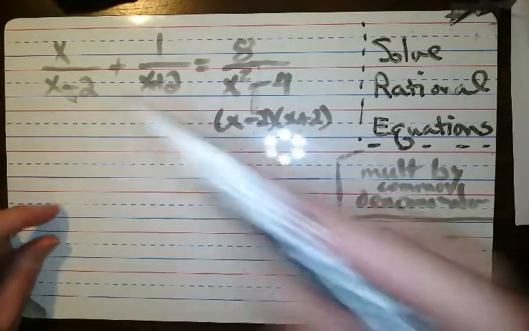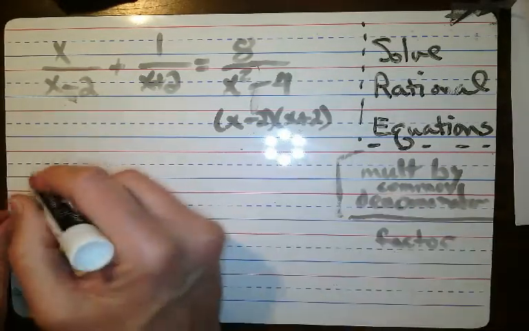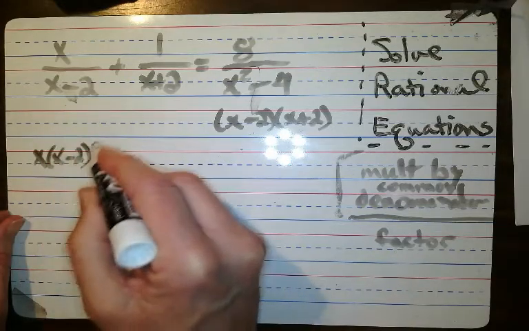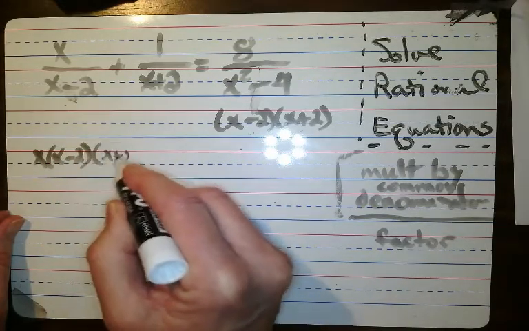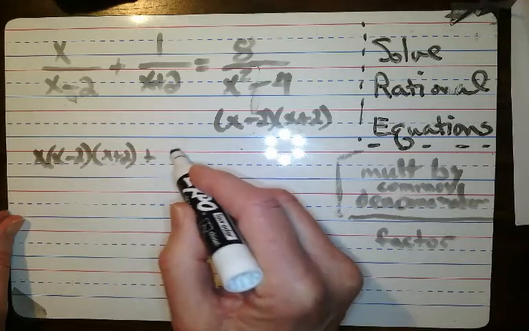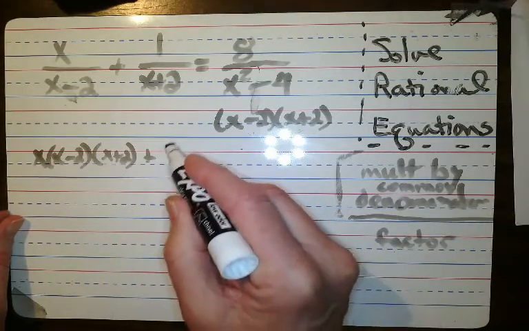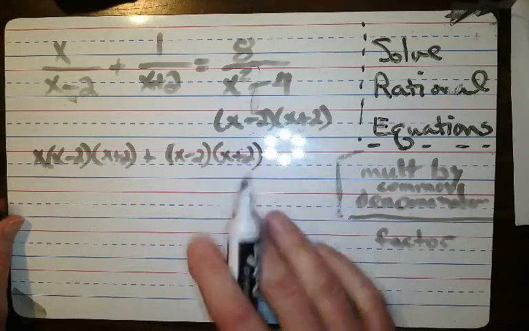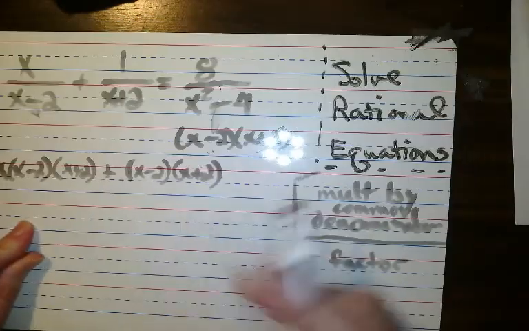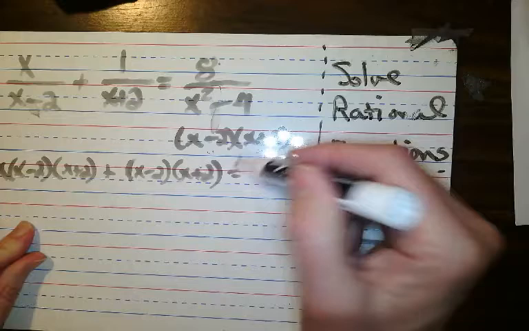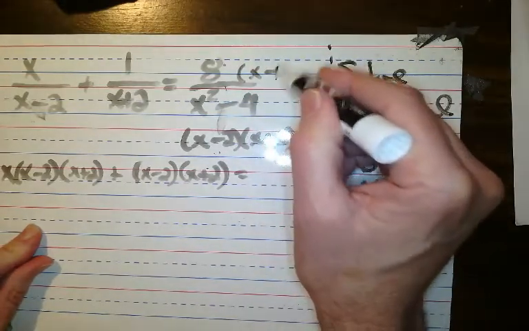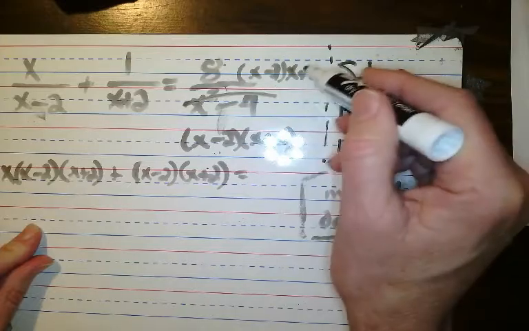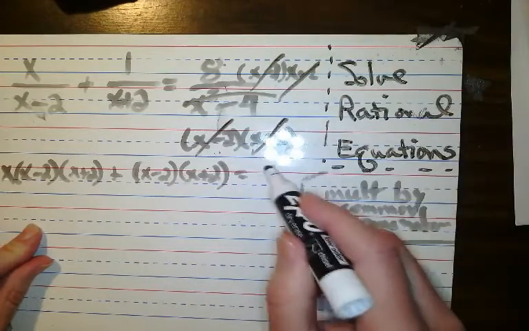So if I multiply everything by that, I will have x times x minus 2 times x plus 2, plus 1 times x minus 2 times x plus 2, equals 8 times x minus 2 times x plus 2. Look, this cancels out. What's left on this side is just 8.